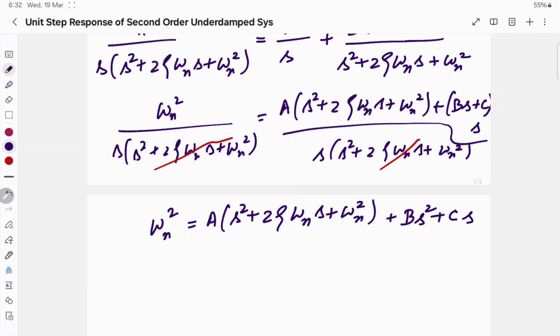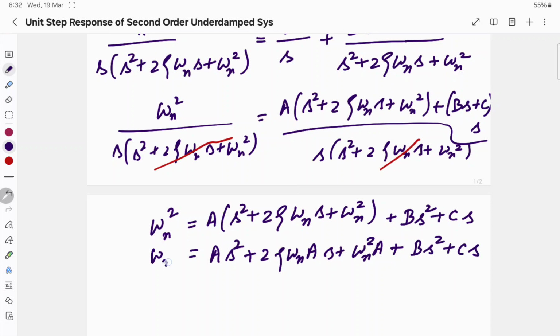Now split into coefficients of s square and s terms separately: 2 zeta omega n A s plus omega n square A plus Bs square plus Cs.